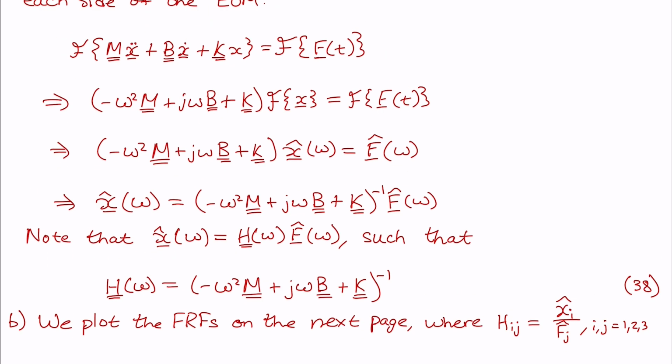Okay, so I'm going to plot on this next page. First off, this frequency response function is a matrix. It will have entries. It's going to be a 3x3 matrix in this case. And here, H_ij is the frequency response function of the ith displacement with respect to the jth forcing.